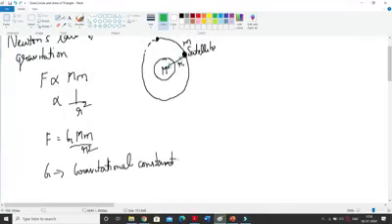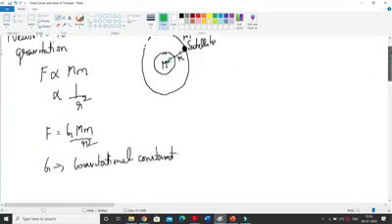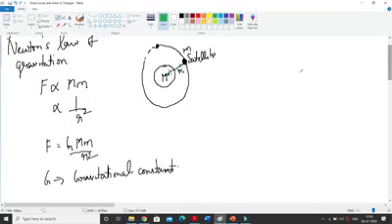Now this gravitational force is helping the satellite to move in a circular path. So this gravitational force is acting as a centripetal force. Okay, and the centripetal force formula, if v is the speed of the object, the centripetal force is mv square over r. So here the centripetal force is the gravitational force.